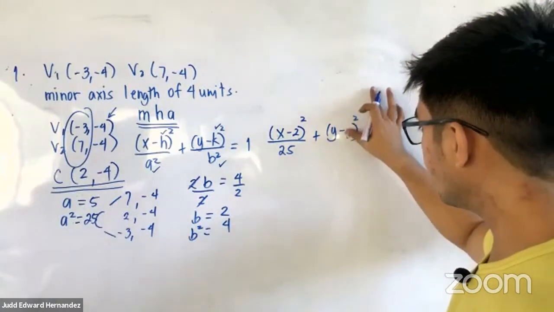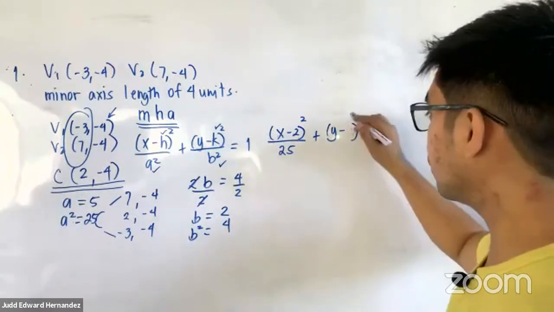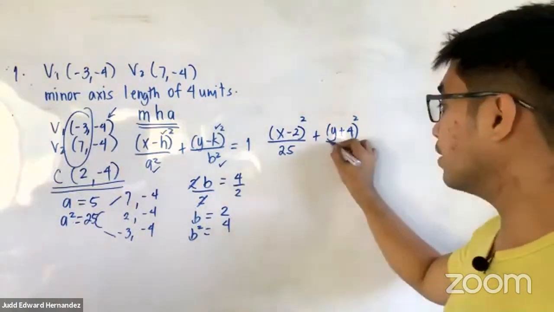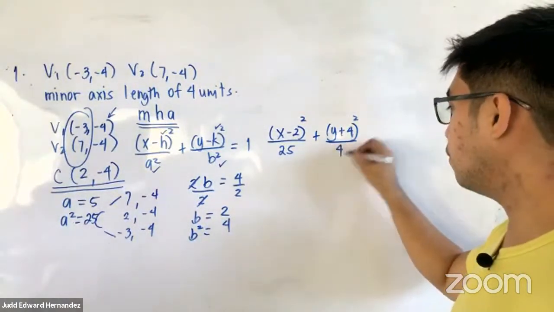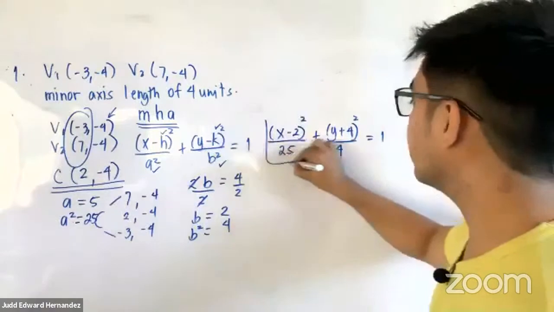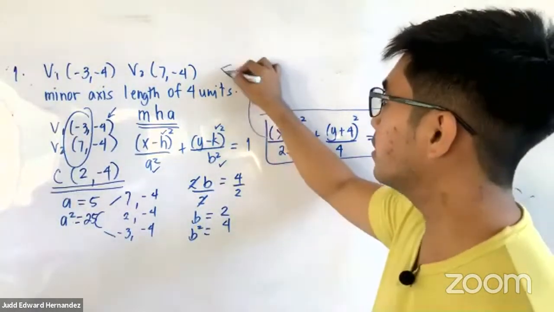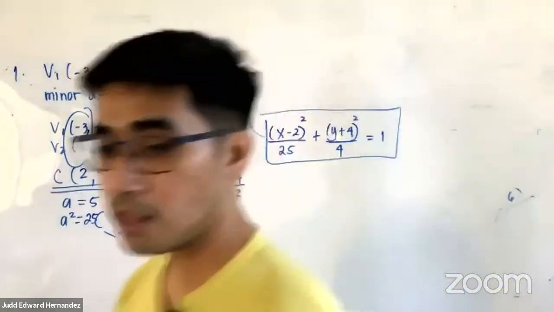What is our k? Our k is -4. Therefore, this becomes +4, over what is our B squared? 4, is now equal to 1. And this is the standard equation that satisfies these given conditions.